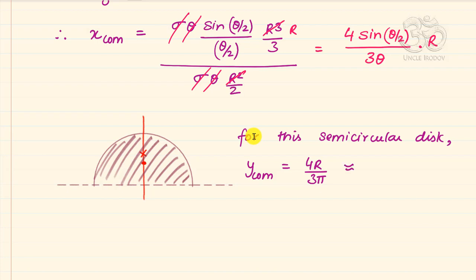And this is approximately 0.42 times r. So this is less than halfway across the radius. If this cross here represents r by 2, then this dot here may be the center of mass, slightly before that from the center.